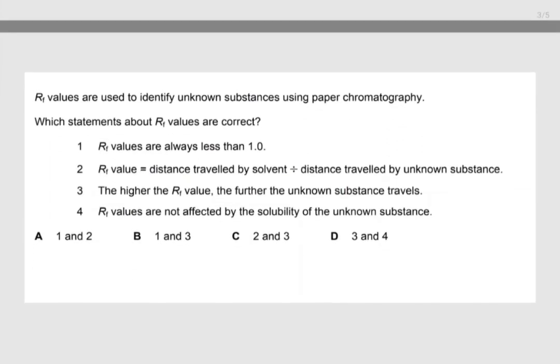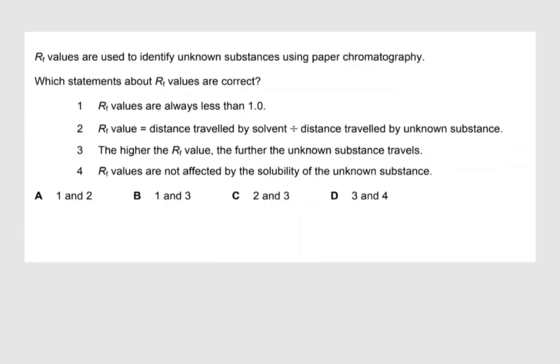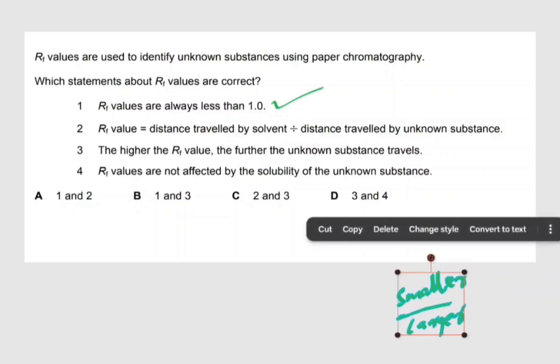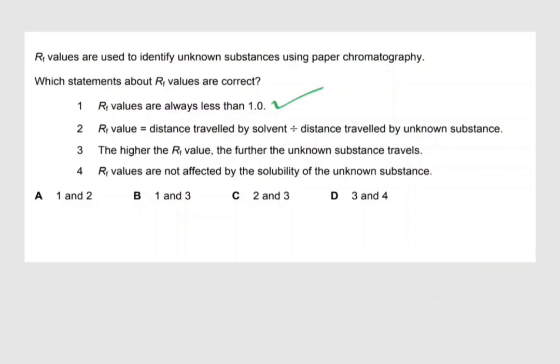Alright. RF values are used to identify unknown substances using paper chromatography. Which statements about RF values are correct? RF values are always less than 1, which is correct because the denominator is always larger than the numerator. So you will always get a value which is less than 1. That's correct. RF value is equal to the distance traveled by the solvent over the distance traveled by the unknown substance.